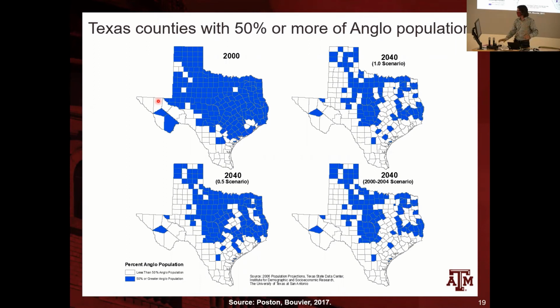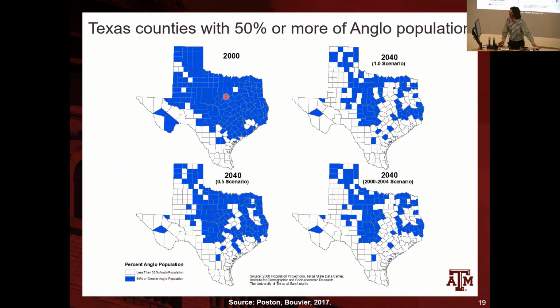Then looking at different scenarios of projections to 2040, you start to see that a lot of the counties farther away from the southern border also start to have more than 50% non-white population, or less than 50% white population. That's exactly all these white areas here, okay?